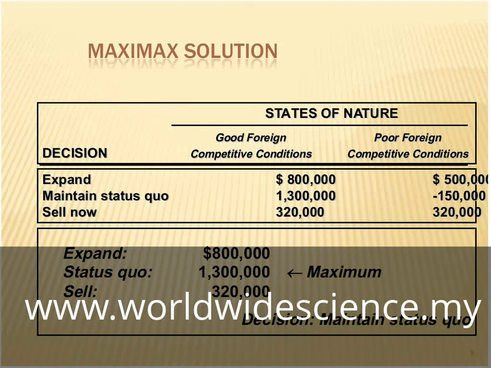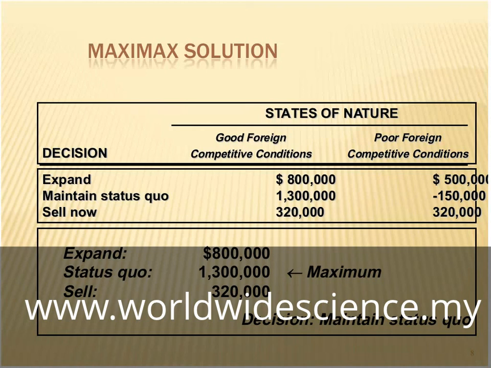Four methods, out of 5 methods that you applied, you calculated, told you which decision was the best. Very good, expand. The 5 methods told you the expand is the best. Only the maximax, the first tool, told you the maintain is the best. So you must select the expand.